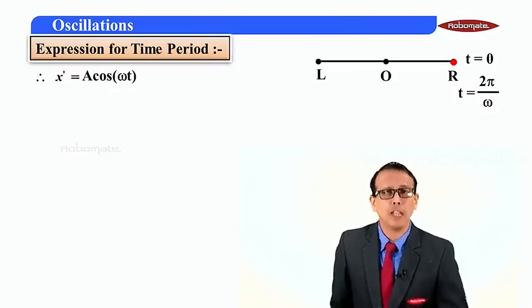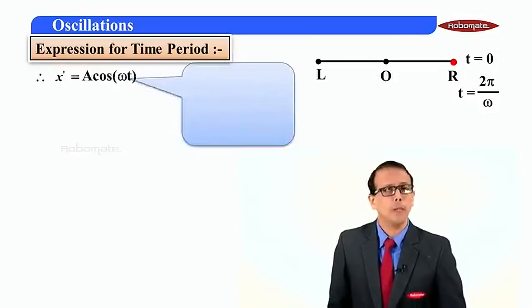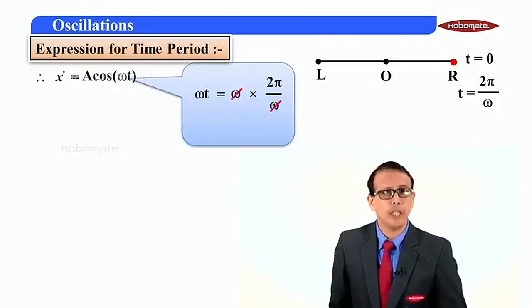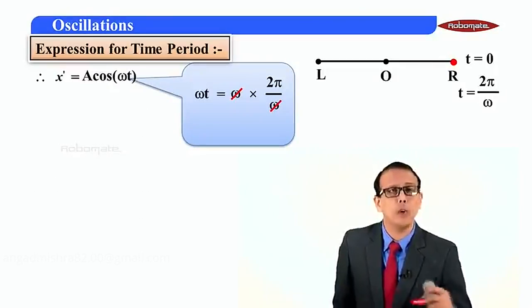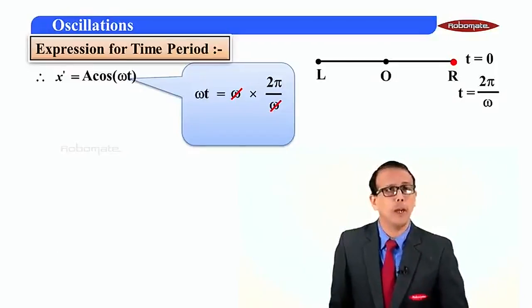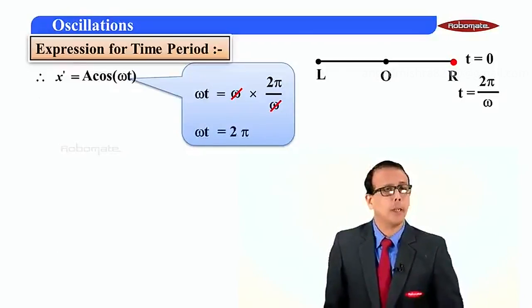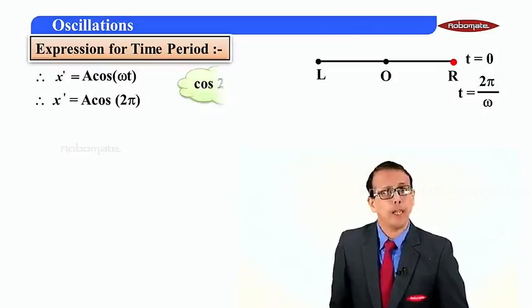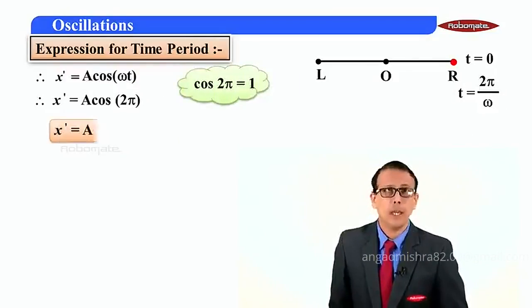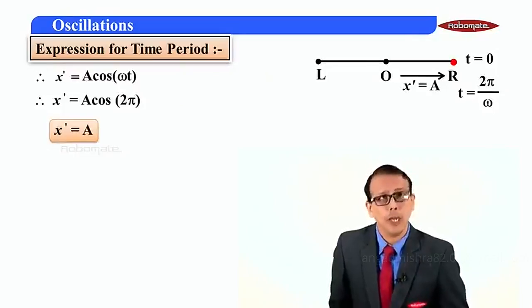So our formula x dash is equal to a cos omega t. Now students, omega t, in this case we have taken the value of t as 2 pi by omega. So omega t is written as omega into 2 pi by omega. I can cancel omega and therefore omega t becomes 2 pi. Now cos of 2 pi is again 1. That means x dash is equal to a.